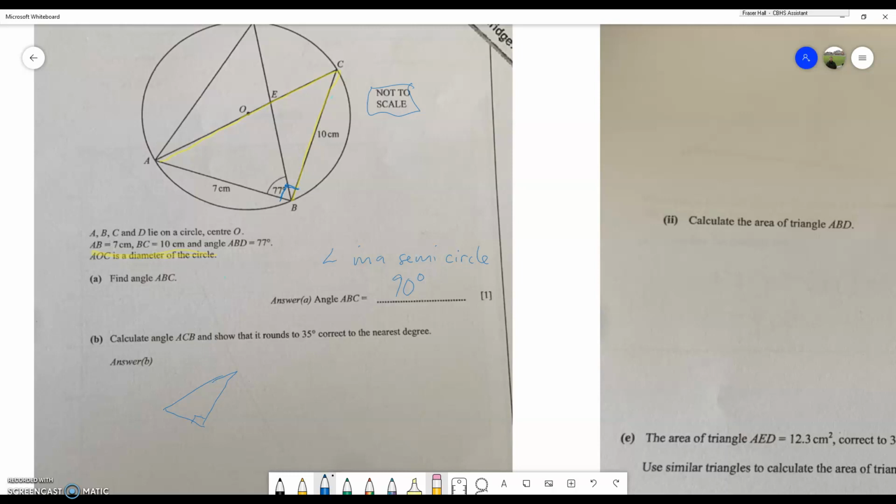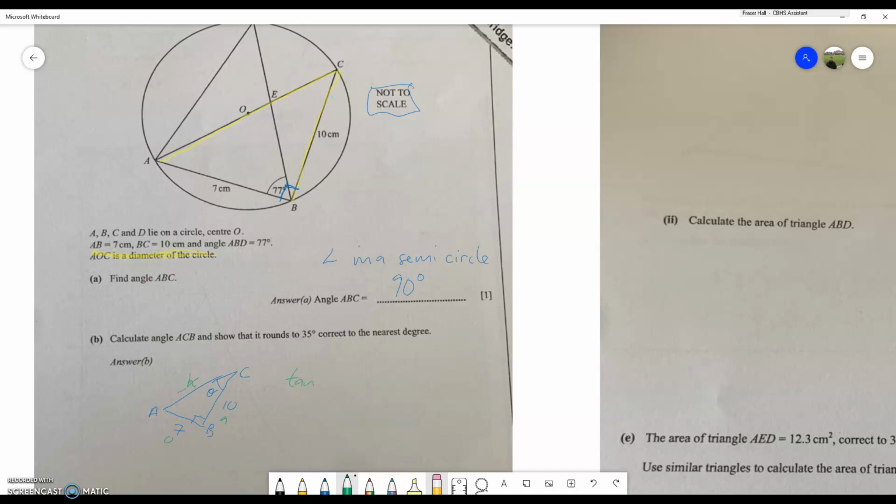The information we're told is that this is 7 centimeters, this side is 10 centimeters. Sorry, I should put the labels in, A, B, C, and we are trying to work out the angle there. Using our trigonometry, we know that that's the hypotenuse, that's the opposite, that's the adjacent. We're not using the hypotenuse, so we're using tan.